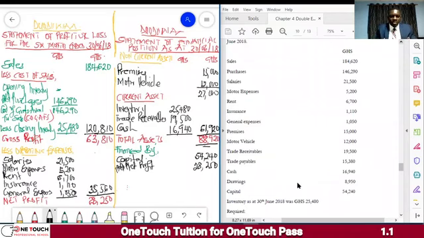Good. So we less drawings. And that is 8,950.